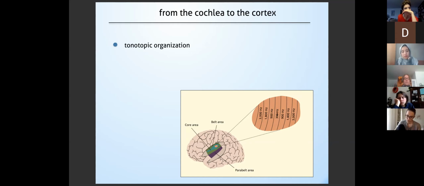And this map is tonotopic. So these neurons here are responding to sounds at about 300 hertz. These neurons here are responding to sounds at 900 hertz. And these neurons here, on one side and the other, respond to sounds at 3000 hertz, okay?